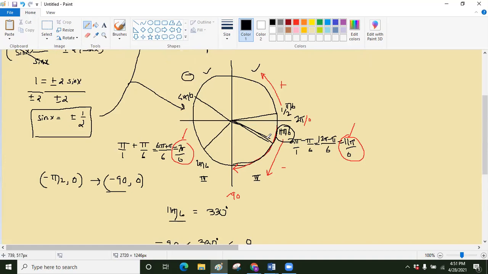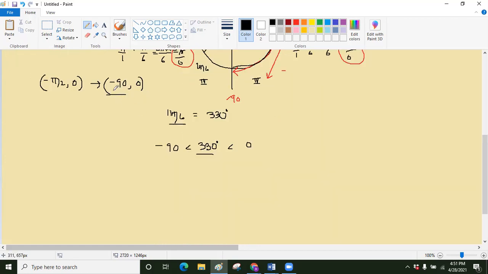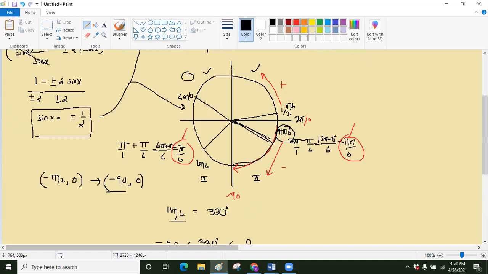So the idea is to find an angle which is coterminal to 11 pi over 6 and is also on the interval from negative 90 to 0. If we were at this point and subtracted 2 pi, or one revolution, we would go around and end up right back here. If that's on this interval, then that is a solution.